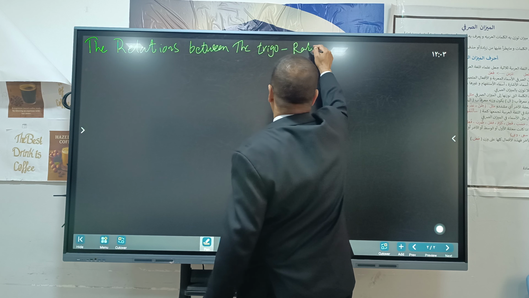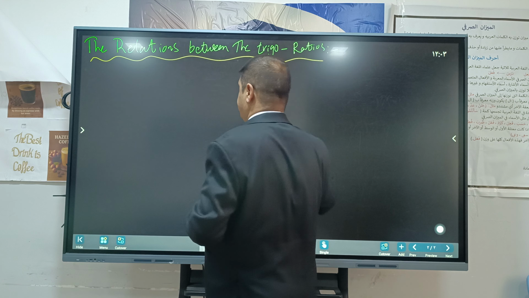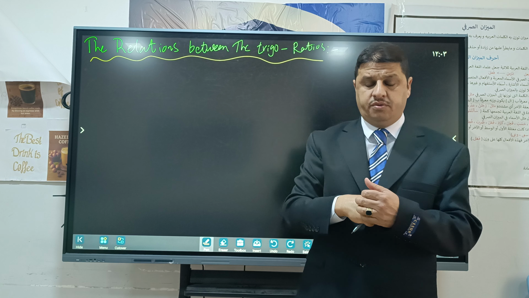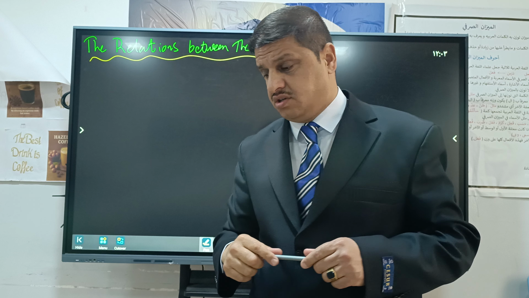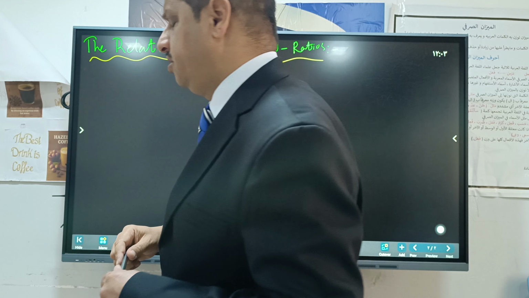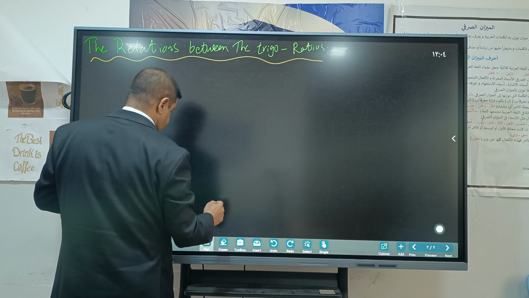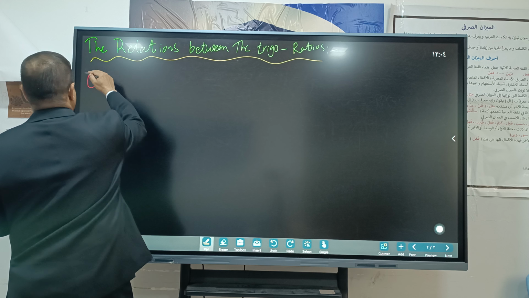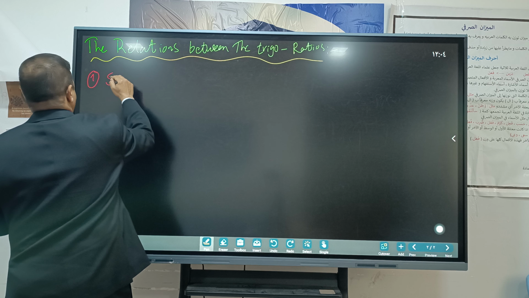What do I mean with relations between the trigonometric functions or trigonometric ratios? I have many relations between them. The first relation is, I call it secant of an angle theta.